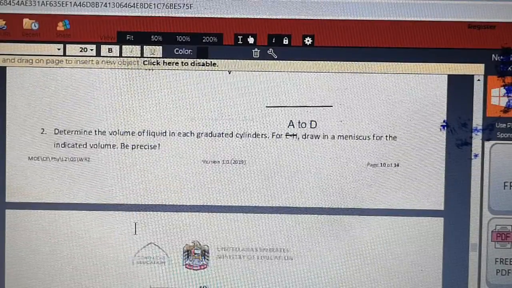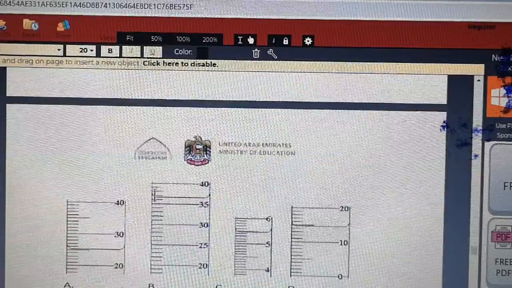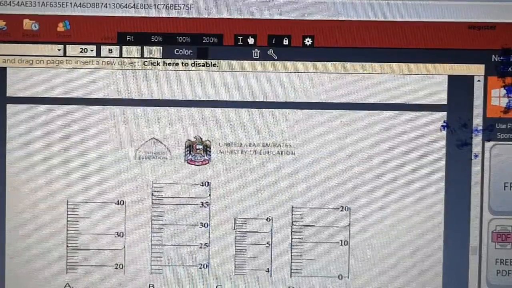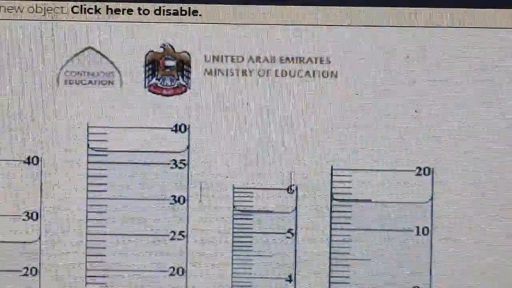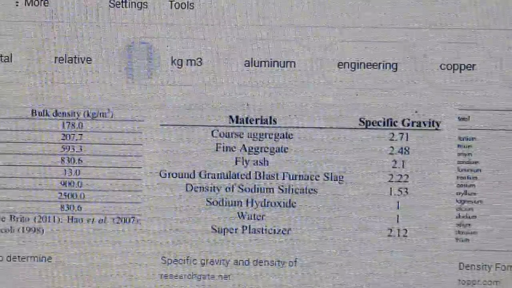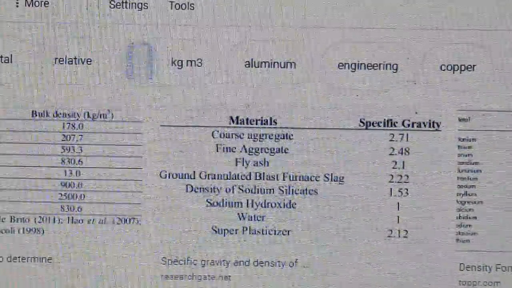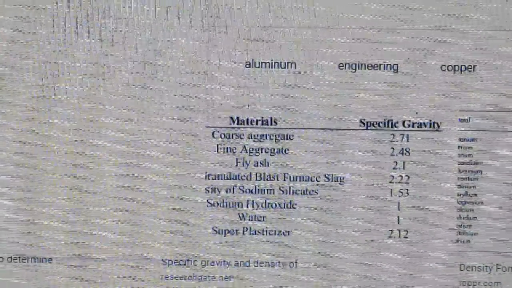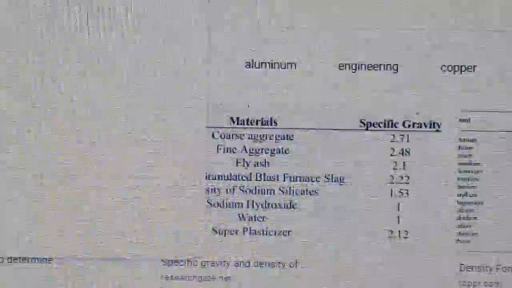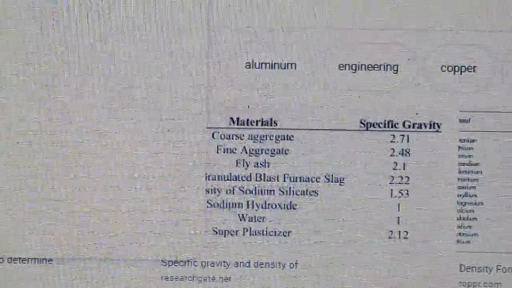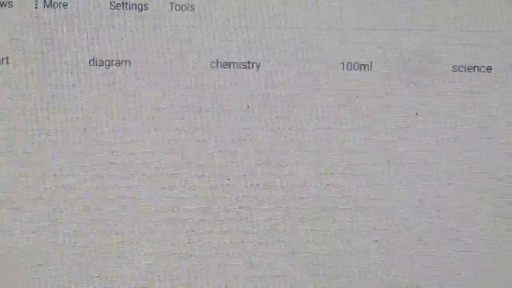Now the meniscus means that it's not, you can see here, I'm going to zoom in. Actually, I'll show you what this is first. I'll just show you a picture because it's not a very good picture. Just type in measuring cylinder. I'm sure you've seen these in the lab at some point.